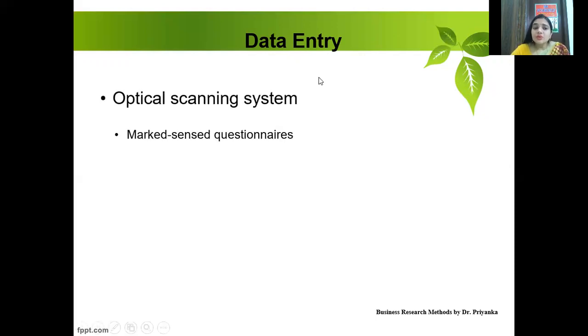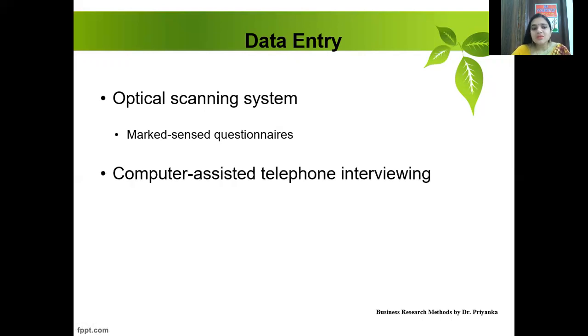Data entry can be done through optical scanning systems as well. For example, mark-sensed questionnaires, computer-assisted telephone interviewing, and keyboarding. These are the methods for automatic data entry. Sometimes we get OMR sheets and you just scan them, like in the case of online exams these days. There are multiple choice questions and you just have to check whatever response respondents have gone for, right?